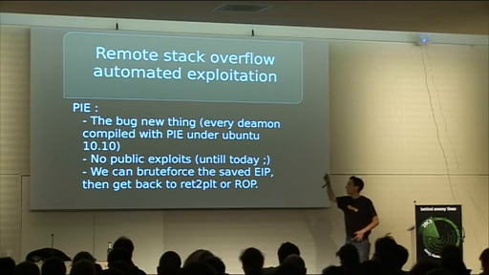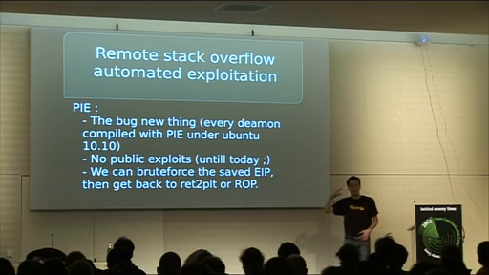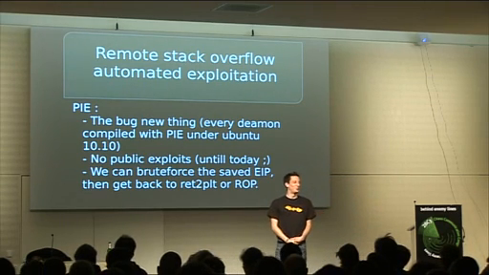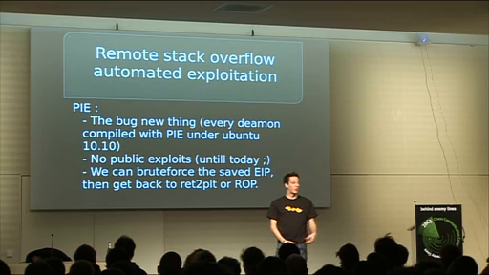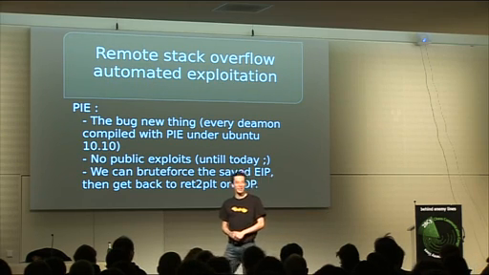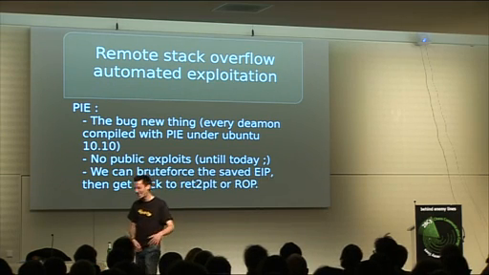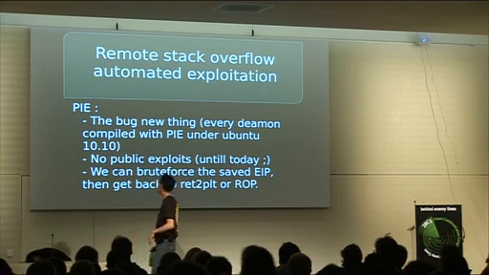So if you look at public exploits, I honestly could not find a real exploit for PIE. Well, he wrote one, but he failed at the compilation phase. You want to come on stage and discuss this? No? Okay. All right.